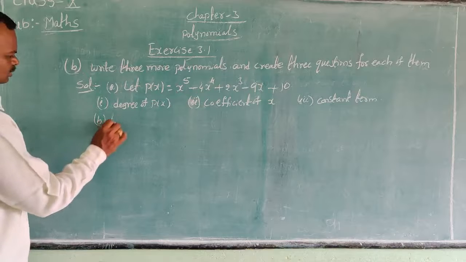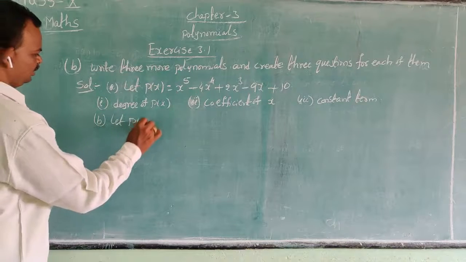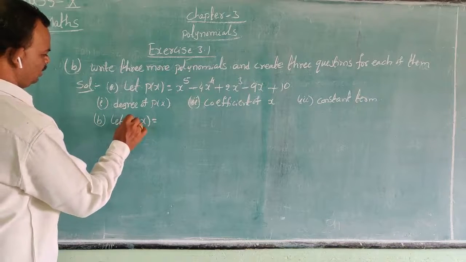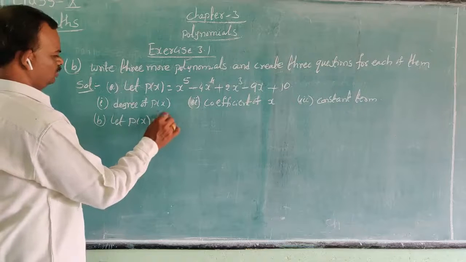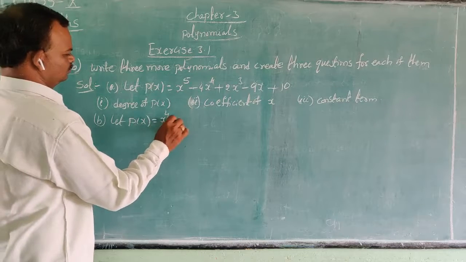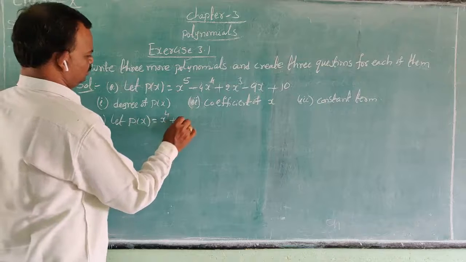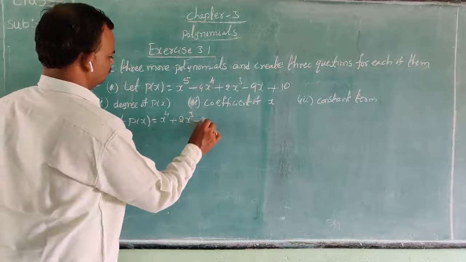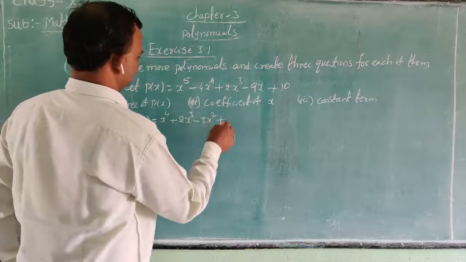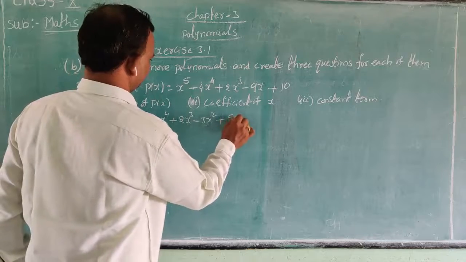And second one, let P of x is equal to, I am writing another polynomial, x power 4 plus 2x cube minus 3x square plus 5x.